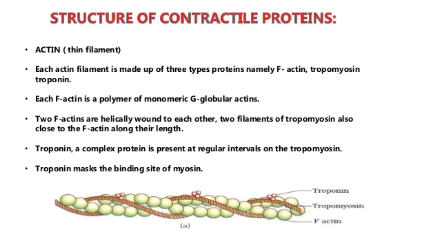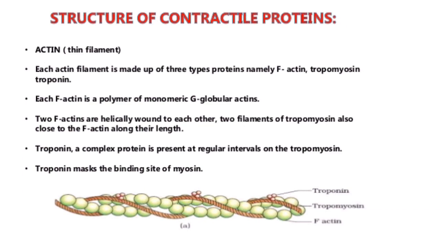The structure of contractile proteins: actin, the thin filament. Each actin filament is made up of three types of proteins, namely F-actin, tropomyosin and troponin. Each F-actin is a polymer of monomeric G-globular actin.